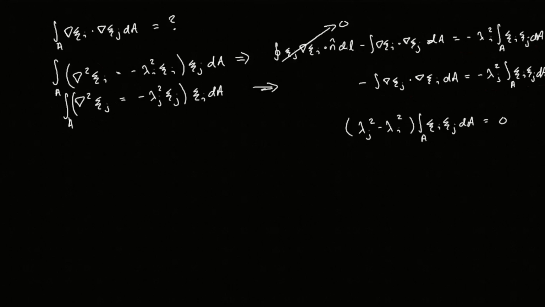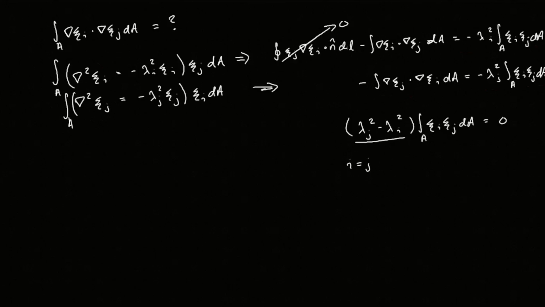So there's only two ways this can be 0. Okay? If I equals j, then this term goes to 0.